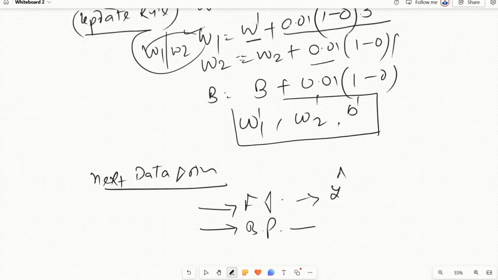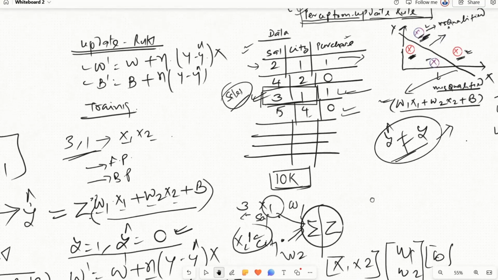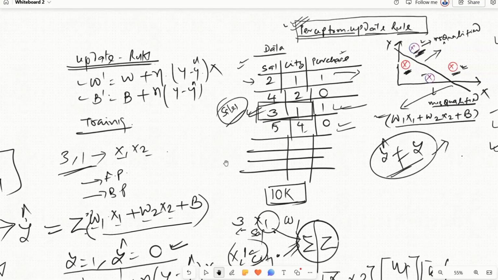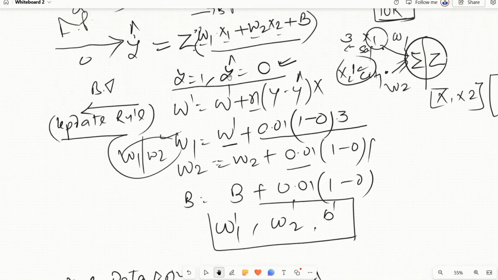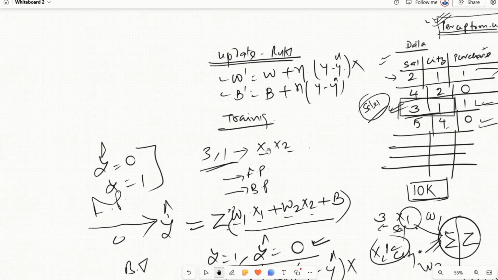It will again update my weights w1, w2 and bias. So this happens for all the data points, whatever data points I have, and it happens in a loop. So I can apply a loop here. Everything is happening in a loop.